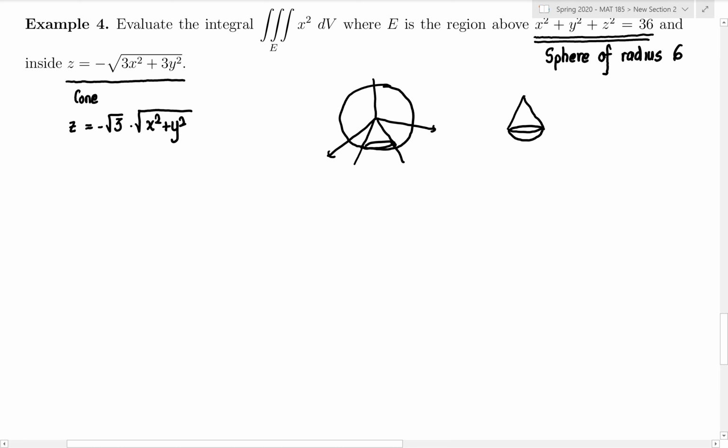All right, so before we proceed here, we are integrating in a region involving a sphere. That means it makes sense to use spherical coordinates. So what we're going to do is use spherical coordinates. If we are going to use spherical coordinates, that would mean we would need to figure out the bounds in spherical coordinates.